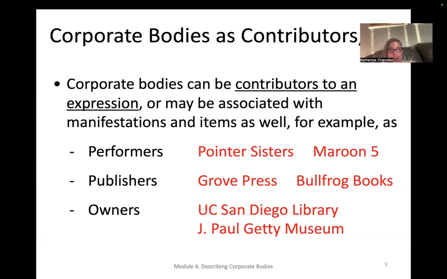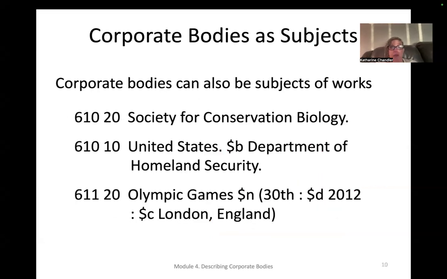For example, as performers like the Pointer Sisters or Maroon 5, publishers like Grove Press or Bullfrog Books, owners like the UC San Diego Library or the J. Paul Getty Museum. They can also be subjects of works. So here's an example.